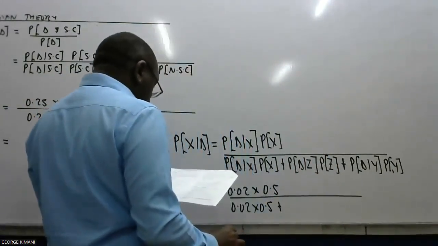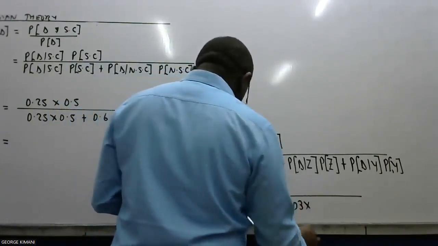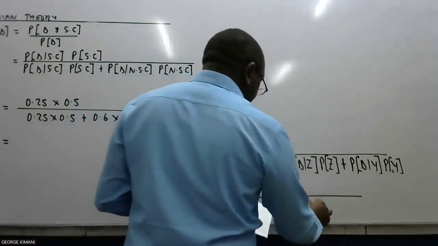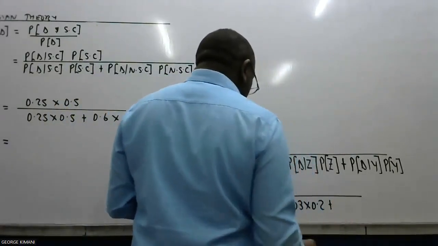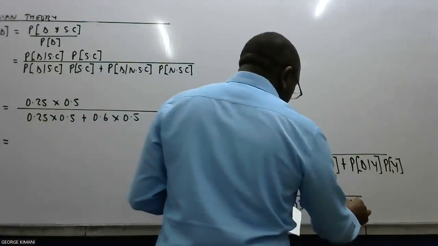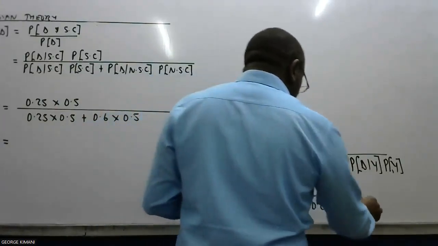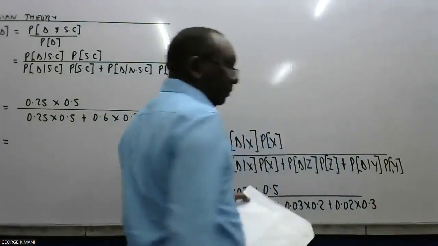Plus those that are made by Z, they have a 3% chance, and Z is making 20%. Plus those that are made by Y, they have 0.02, and there is 0.3.